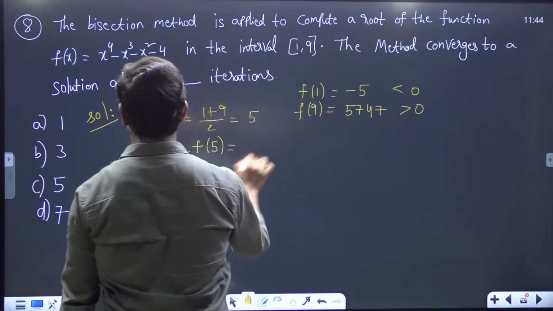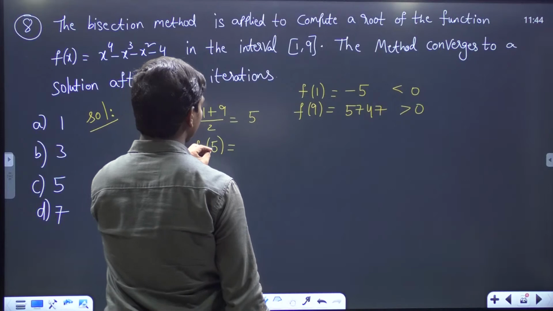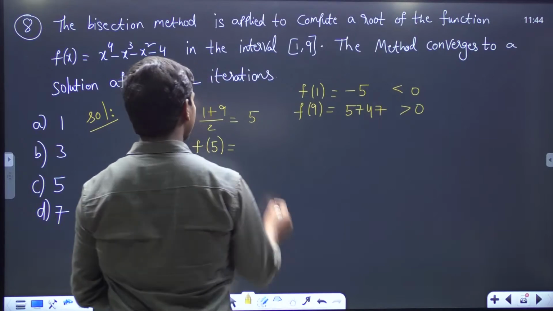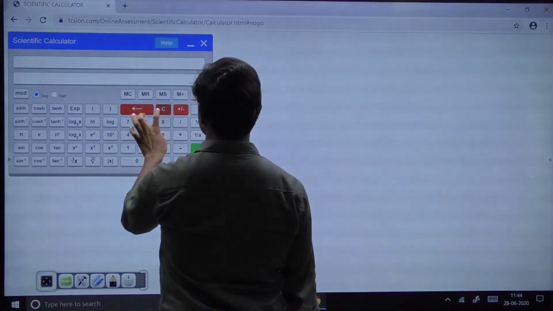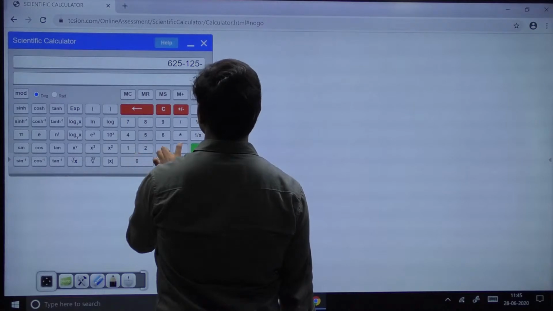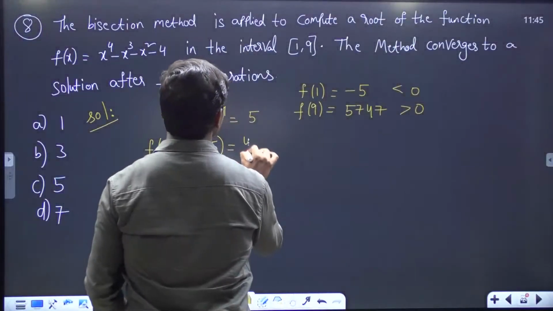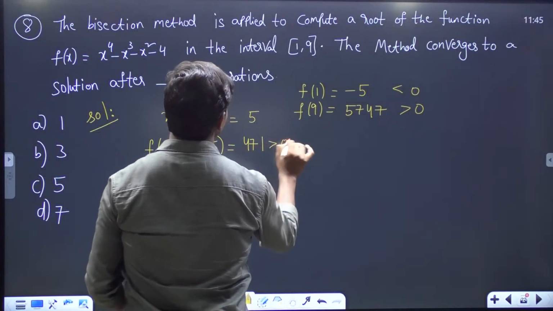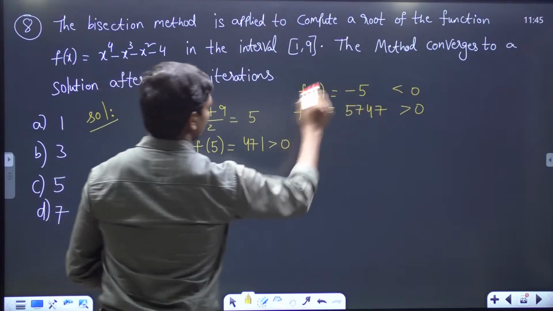Now f of x1 is equal to f of 5. If you calculate, 5 power 4 is 625 minus 125 minus 25 minus 4, and this value is 471, which is greater than 0. So the root lies between 1 and 5, correct?